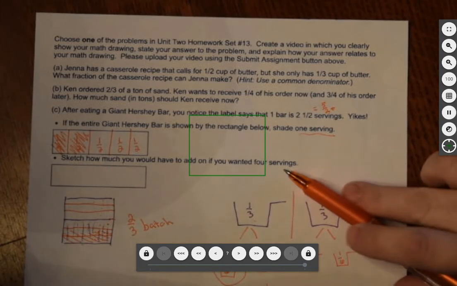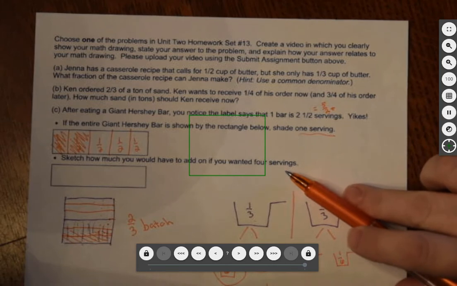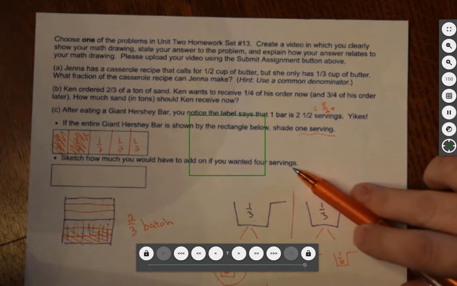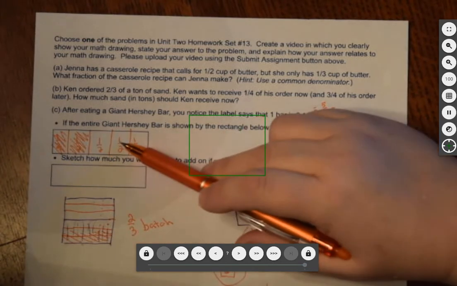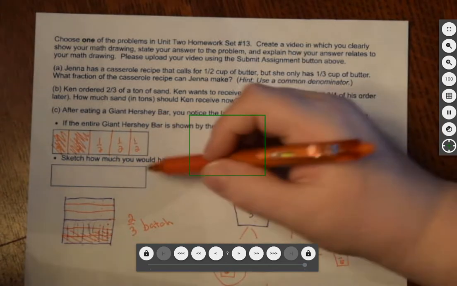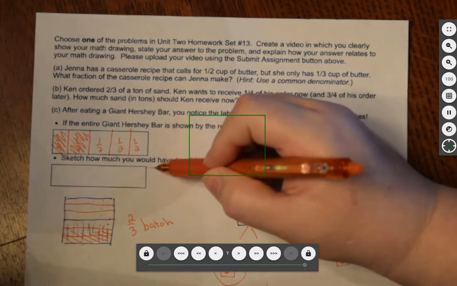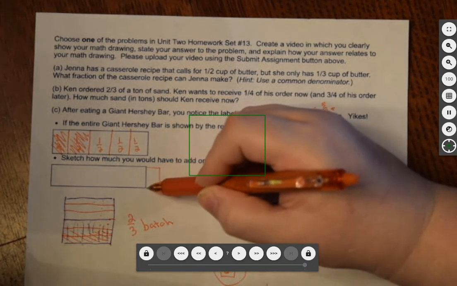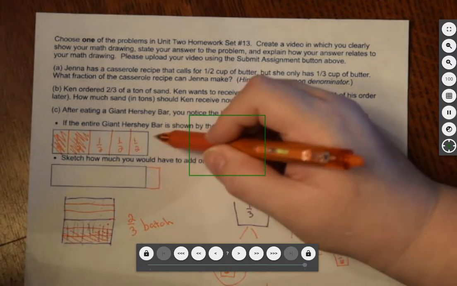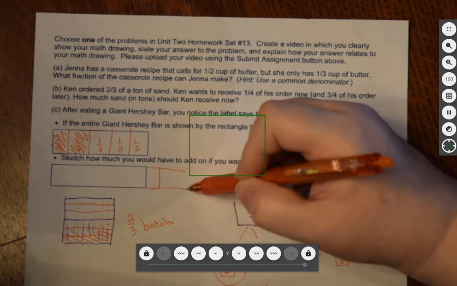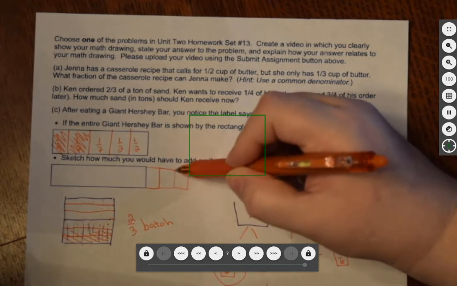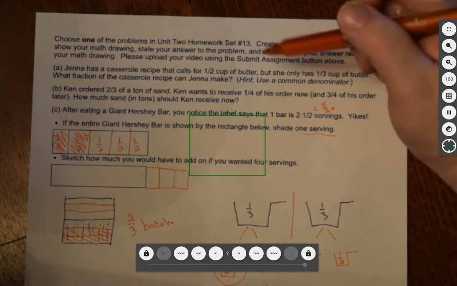The next part says, sketch how much you would have to add on if you wanted 4 servings. Well, 2 of these is 1 serving, 2 more is another serving. So if we added 1 more onto here, we'd have 3 servings, and then we'd have to add 2 more for a 4th serving.